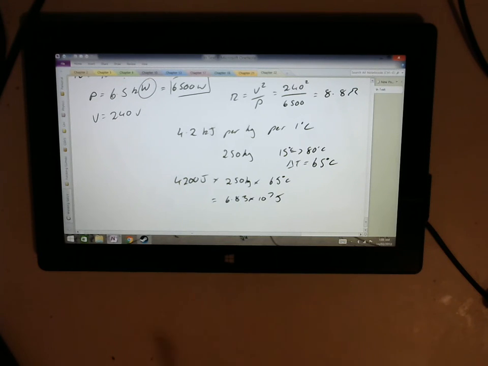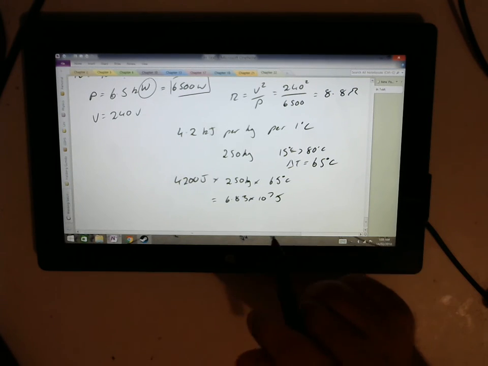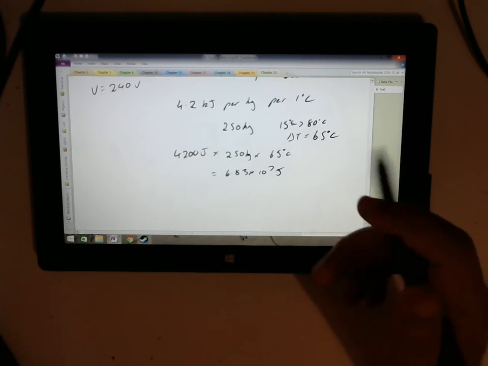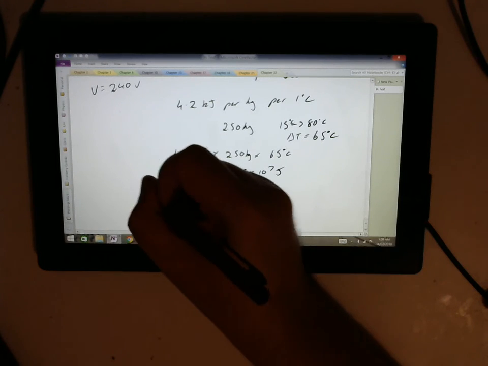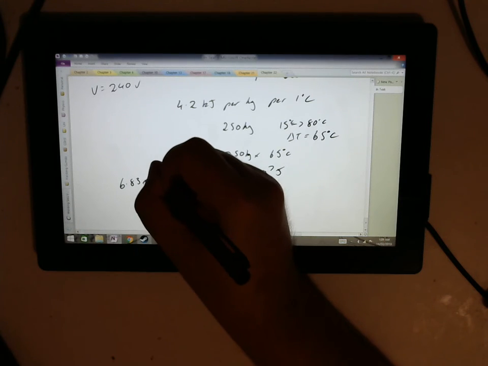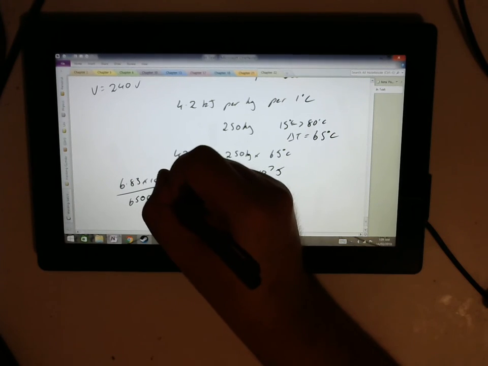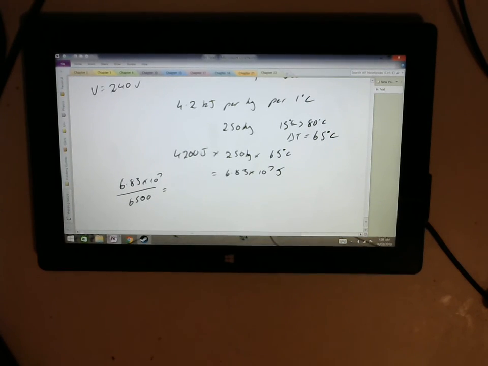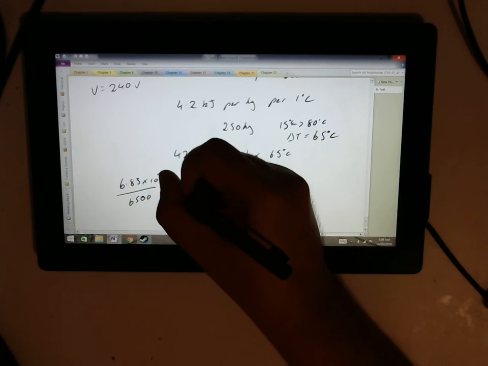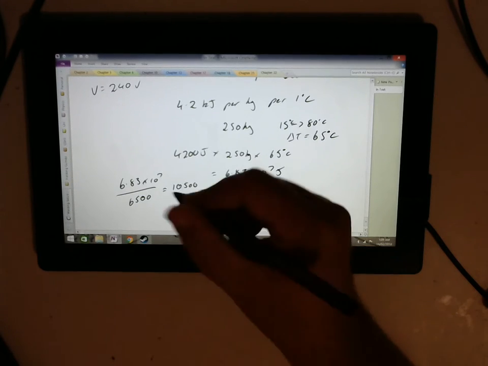We know then that we have this much being needed, so let's work out how many seconds it would actually take. So the number of seconds is going to equal 6.83 times 10 to the 7 divided by 6,500, and note I haven't rounded on my calculator, that gives 10,500 seconds.